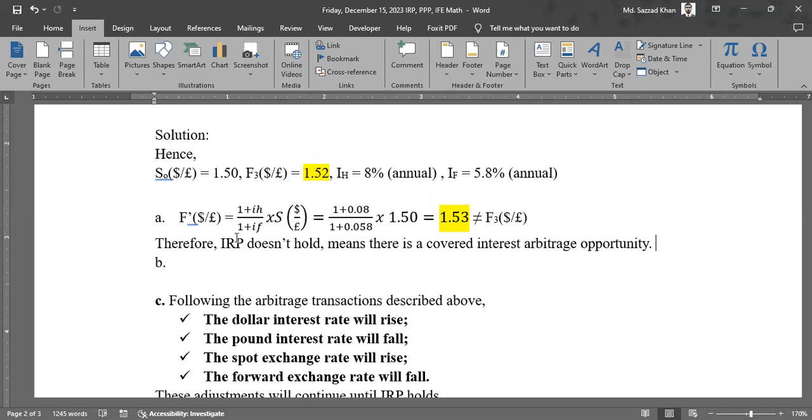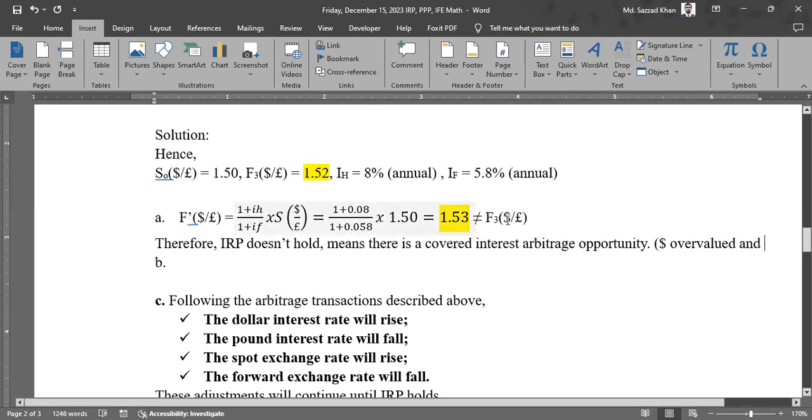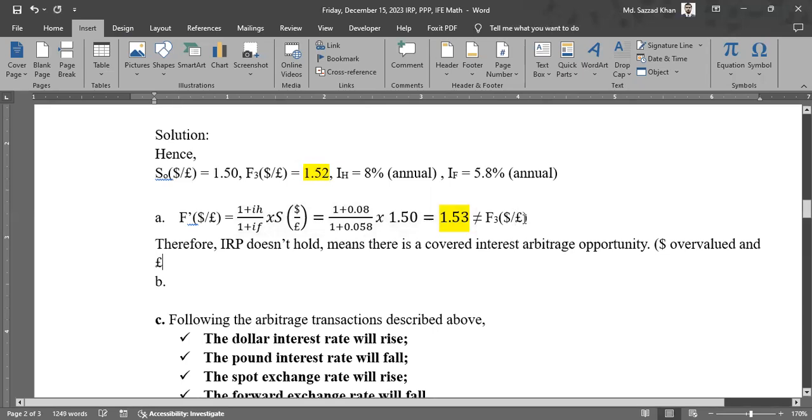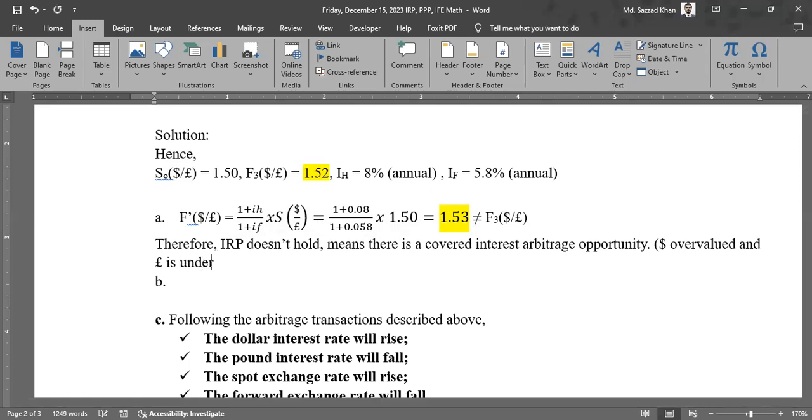So what does this mean? It means the dollar is overvalued and the pound is undervalued in the current market.